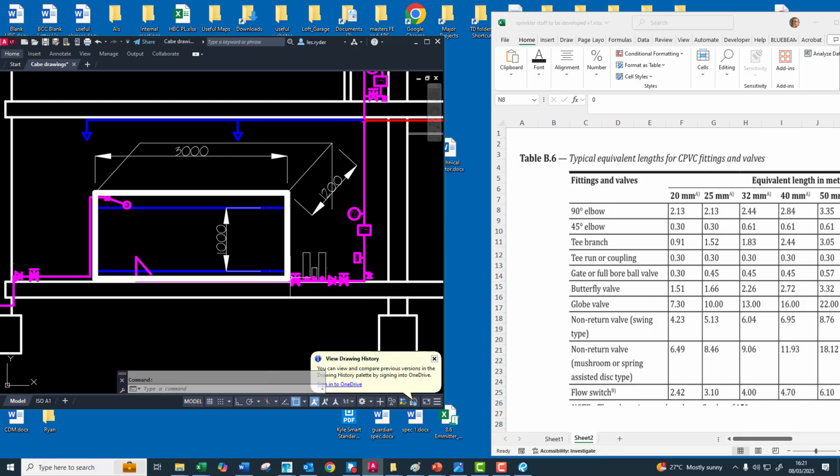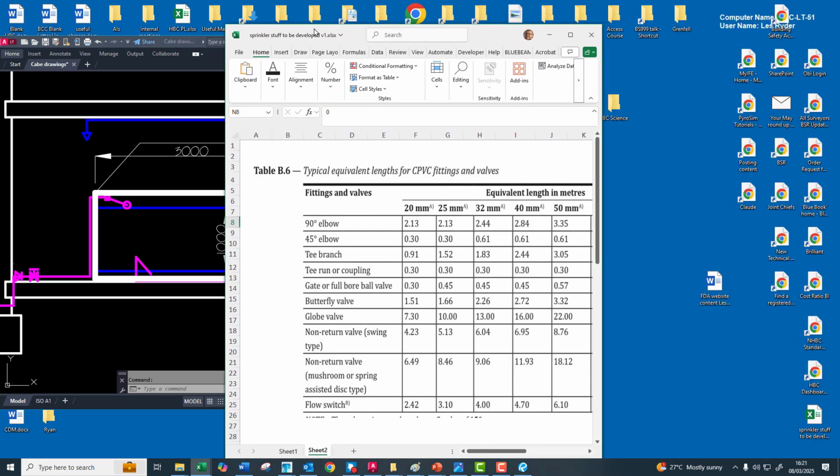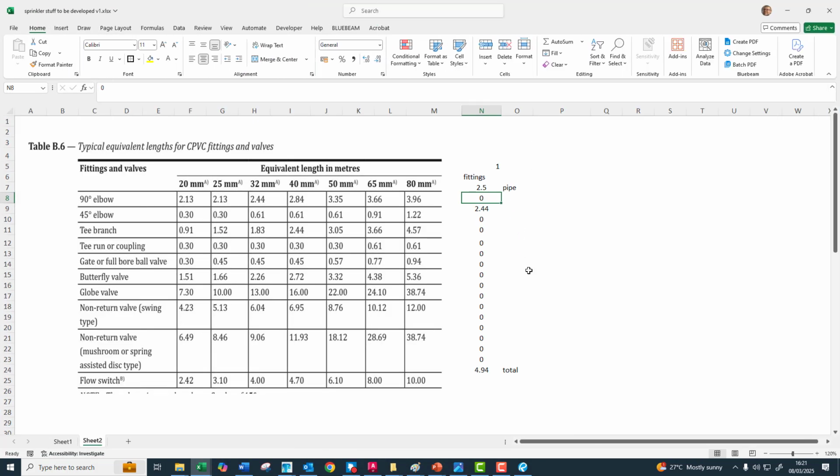And what else have we got? We've got non-return. Oh, there's a non-return valve. So non-return valve is going to give us 9. And that's it up to that gate valve. So if we grab all of that, open that lot up.